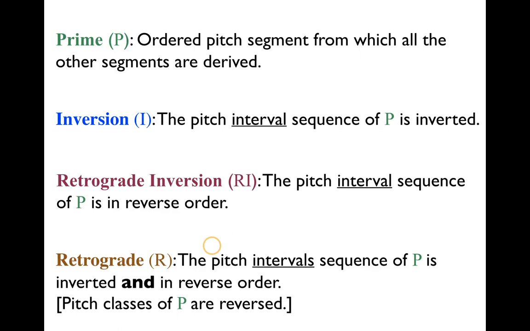So to sum up, prime is an ordered pitch segment from which all the other segments are derived. In the inversion, the pitch interval sequence of prime is inverted. In the retrograde, the pitch interval sequence of prime is in reverse order, and in the retrograde inversion, the pitch interval sequence of prime is inverted and in reverse order.